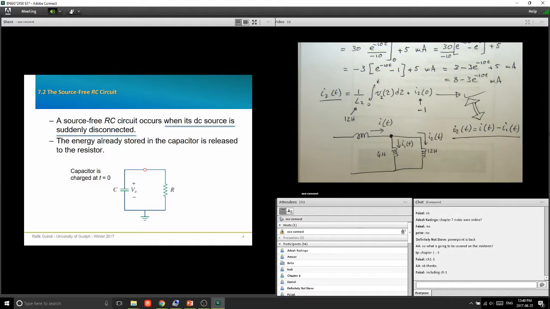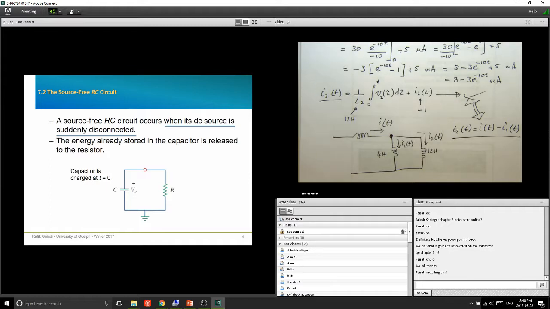A source-free RC circuit occurs when its DC source is suddenly disconnected. Let's say you have a source that produced a distribution of voltages and currents, and then you suddenly disconnect the source. So you end up having a new situation where you have a resistor and a capacitor, an RC circuit, but there is no source in the circuit.